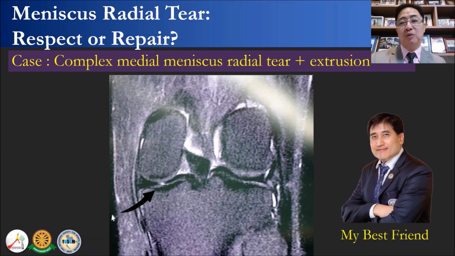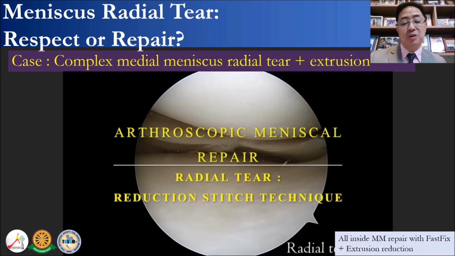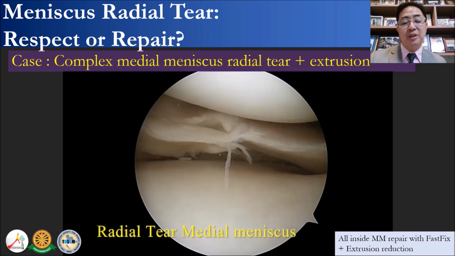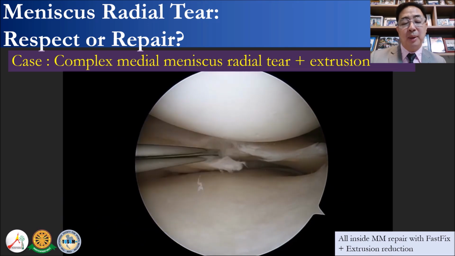This is my good friend. He's an orthopedic surgeon and a past president of ISAKOS and also TOSSM. He tore his meniscus on both sides. You see he has a radial tear of the posterior horn of the medial meniscus. When I got in, I found that he had the torn radial meniscus.